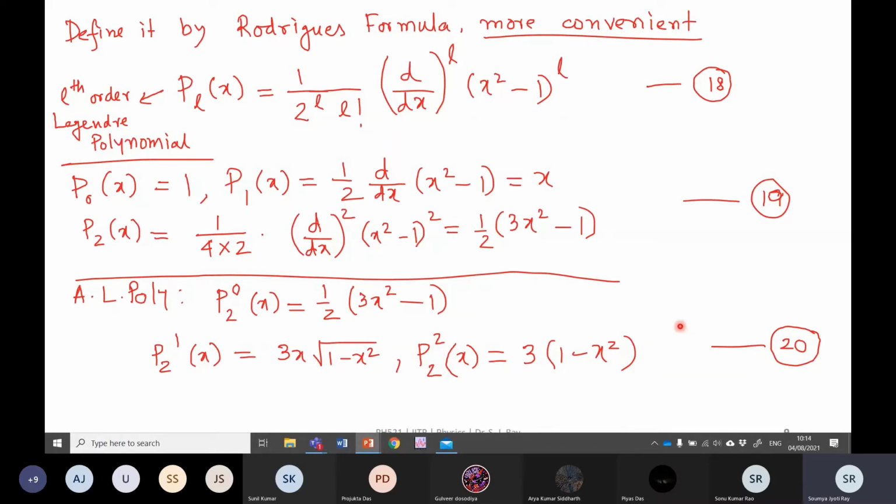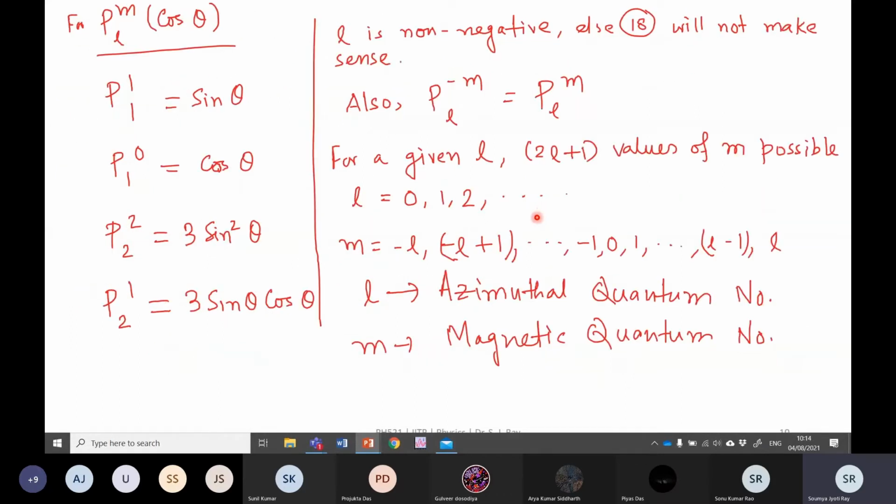After that, we looked at the relation between L and M. We have seen that for a given value of L, there are 2L plus 1 values of M that are possible. L is called the azimuthal quantum number, and M is called the magnetic quantum number. If L is 0, the possible values of M, from minus L to plus L, is 0 itself.